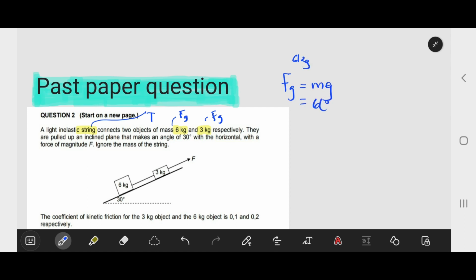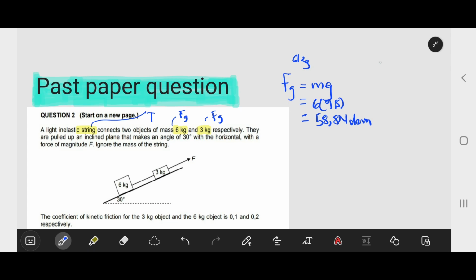Which is the mass multiplied by gravitational acceleration, which is 9.8. So 6 multiplied by 9.8, that will give us 58.8 newtons downwards.